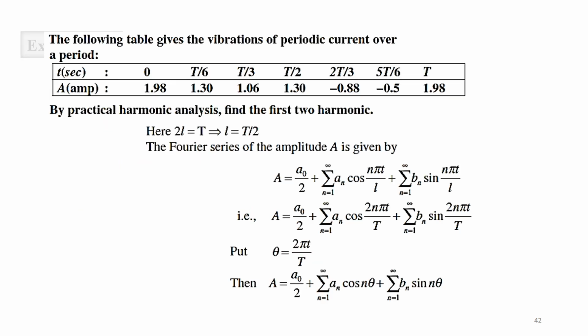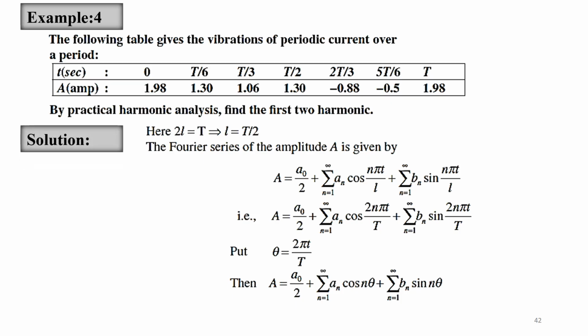Here it is known as temperature. It is a periodic current. Okay, so you know that 2L is equal to T, so L is equal to T by 2. So what I am doing is A is equal to A naught by 2 plus summation n is equal to 1 to infinity A n cos n pi x by L. Instead of x I am using t, because small t is there, right?